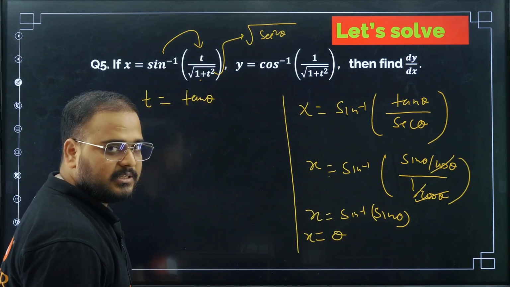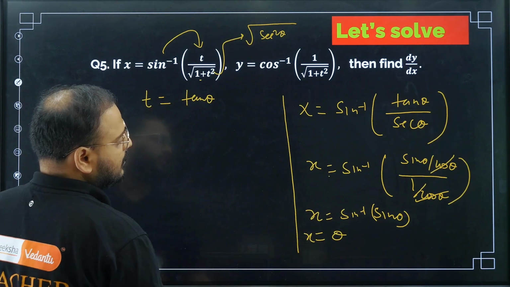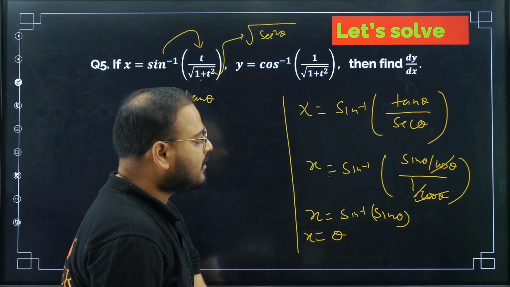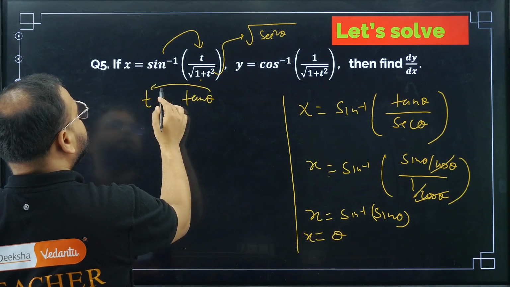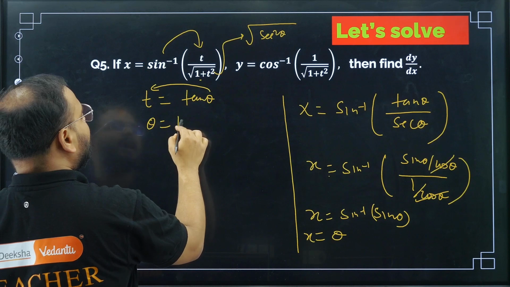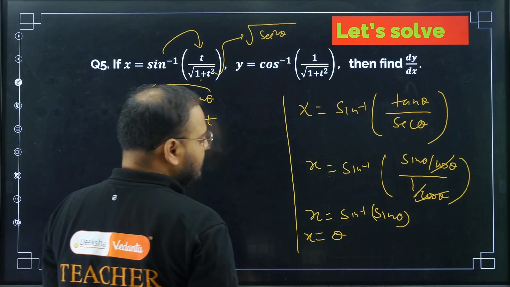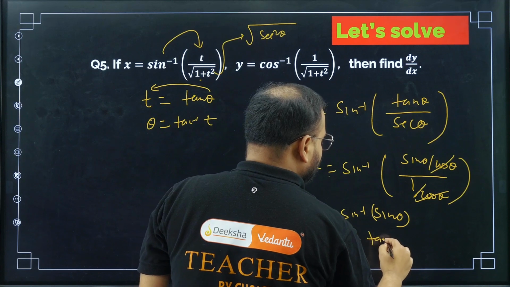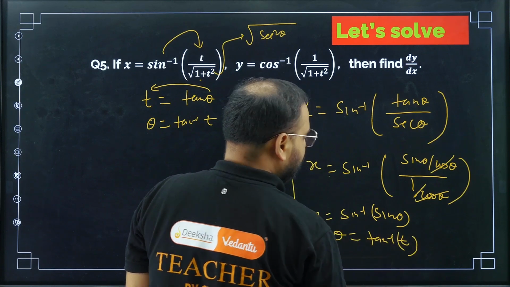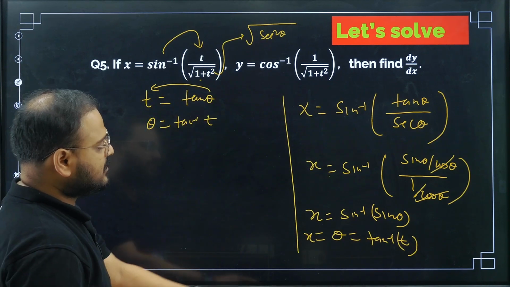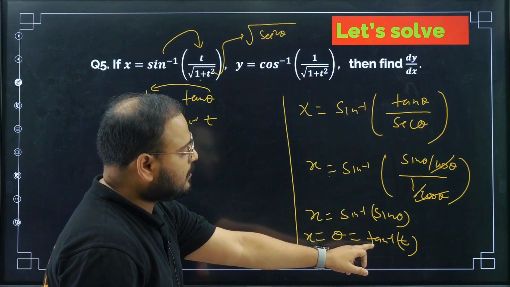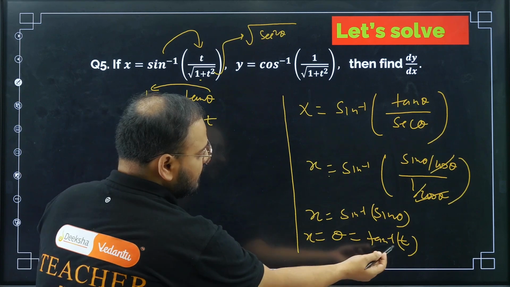Sine inverse of sine theta is theta. How much is theta? Theta is going to be tan inverse of t. So I can write this as simply tan inverse of t, right?